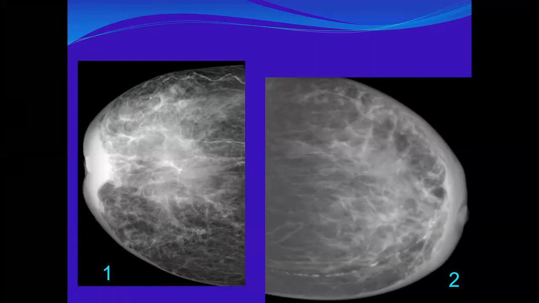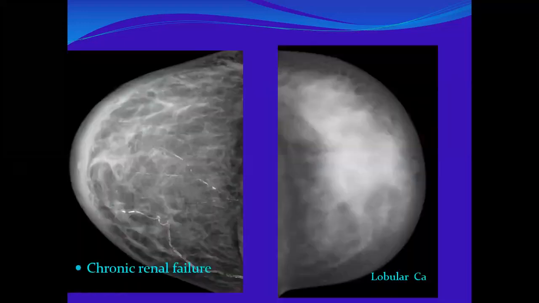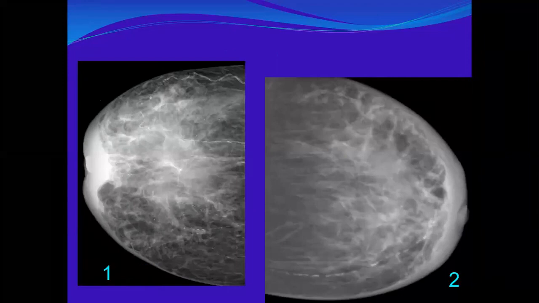See? Even with a systemic cause of edema, sometimes if the edema is much more, you might see some nipple retraction, but usually not as much as this.